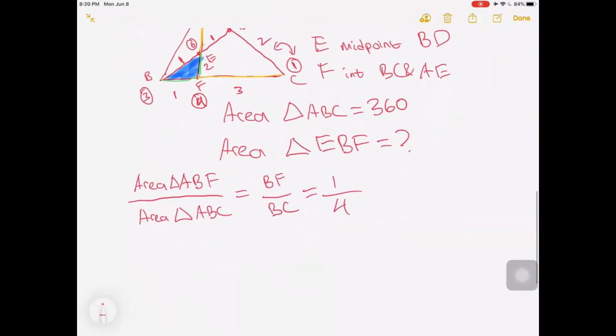And since the area of ABC is 360, we know that the area of triangle ABF is going to be 90.